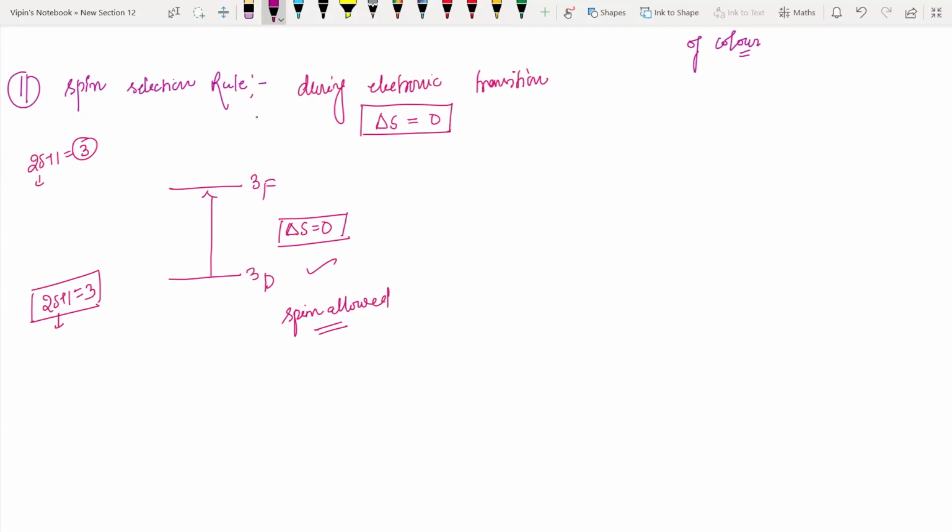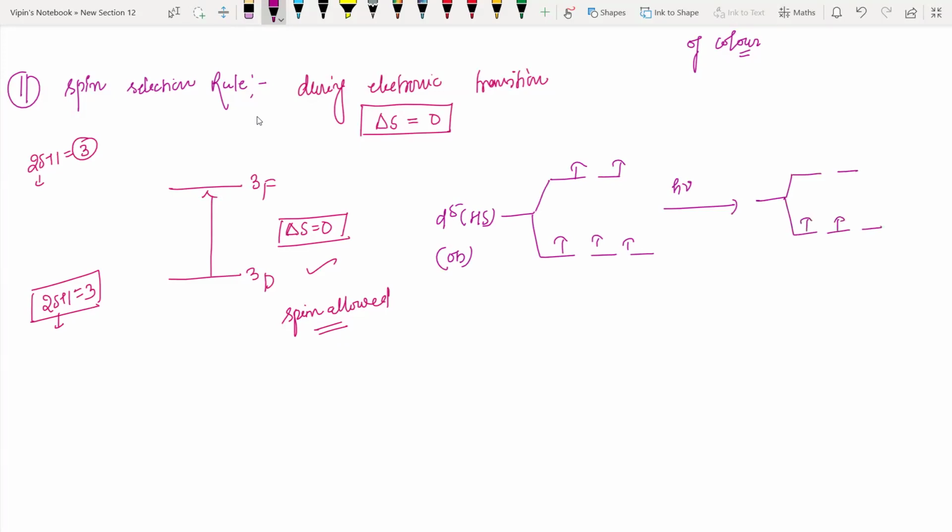Now, another example corresponding to the spin selection rule. If we have a d5 high spin system in an octahedral environment, with electrons 1, 2, 3, 4, 5, and if this complex undergoes excitation of an electron from this state to another state by light, with absorption of the electron from t2g to eg state, then the electron filling will be like this.